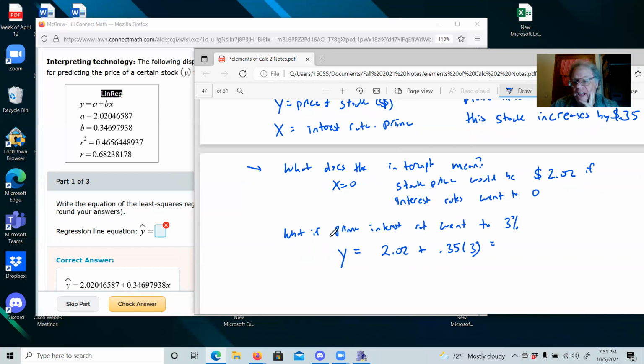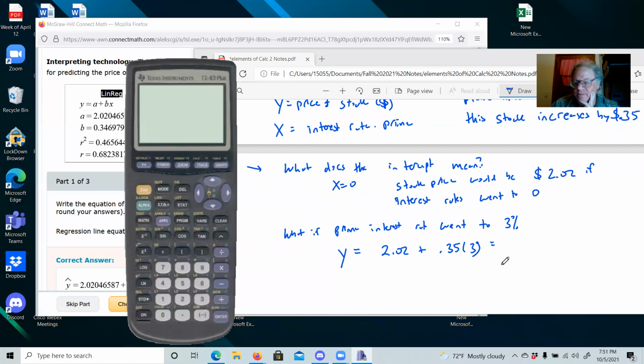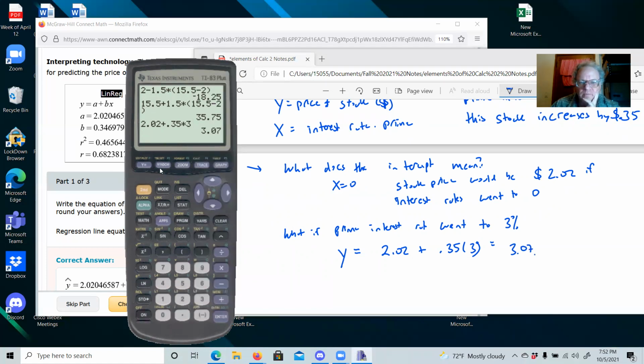And just calculate that out. So what I'm just doing is asking you what happens if this is going on here. So we have 2.02 plus 0.35 times 3, okay? So this price would be $3.07. Sounds reasonable. Okay.